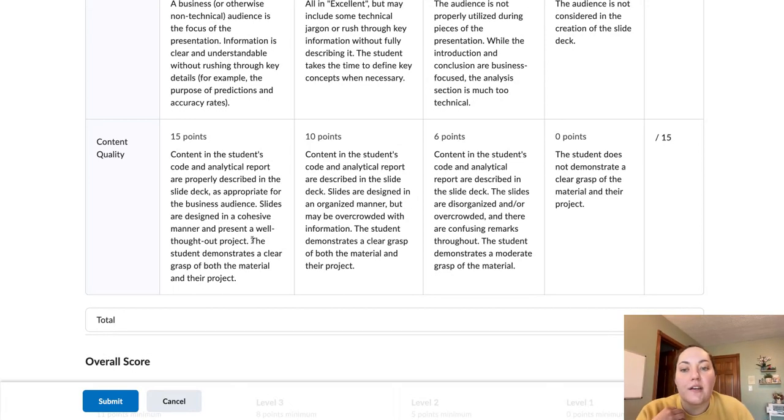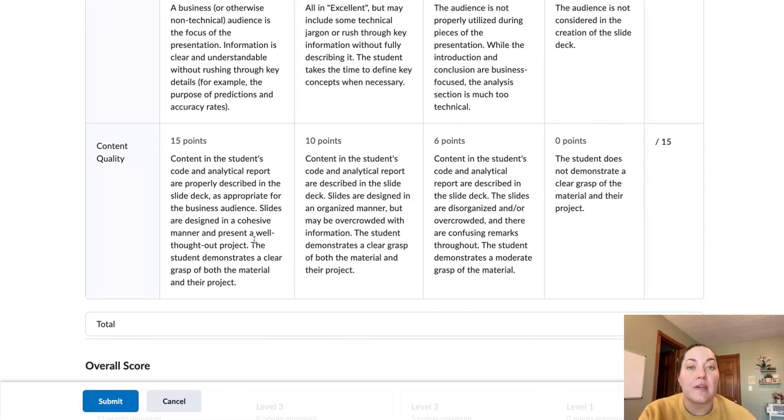And one big point here is that you are demonstrating to me that you have a clear grasp of the material. One of the things that I always think about is that when you are describing to someone that's not in the same field as you, that's a really clear indicator that you know your stuff, because it's pretty easy to describe something if you're already speaking the same language. Me speaking to one of my colleagues, we're already on the same page, we have the same kind of background.